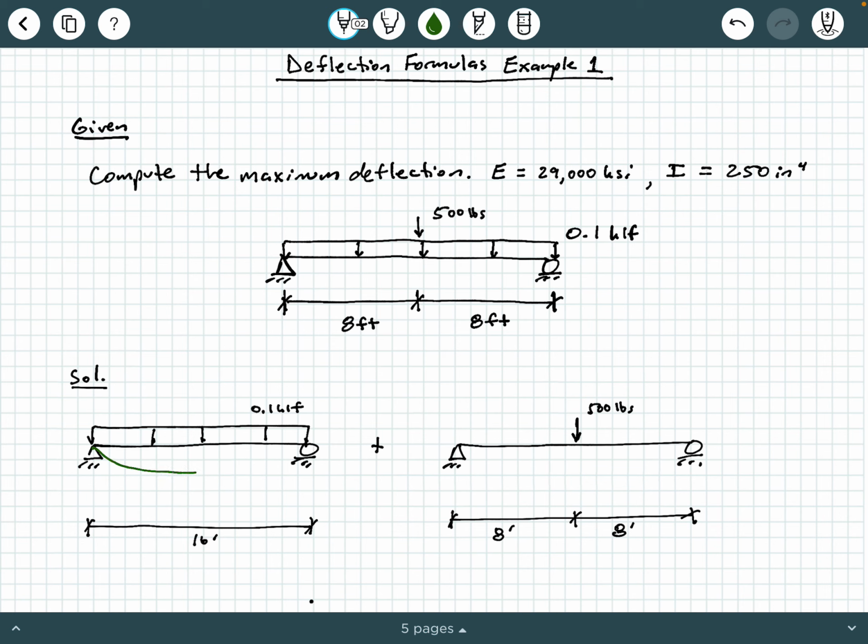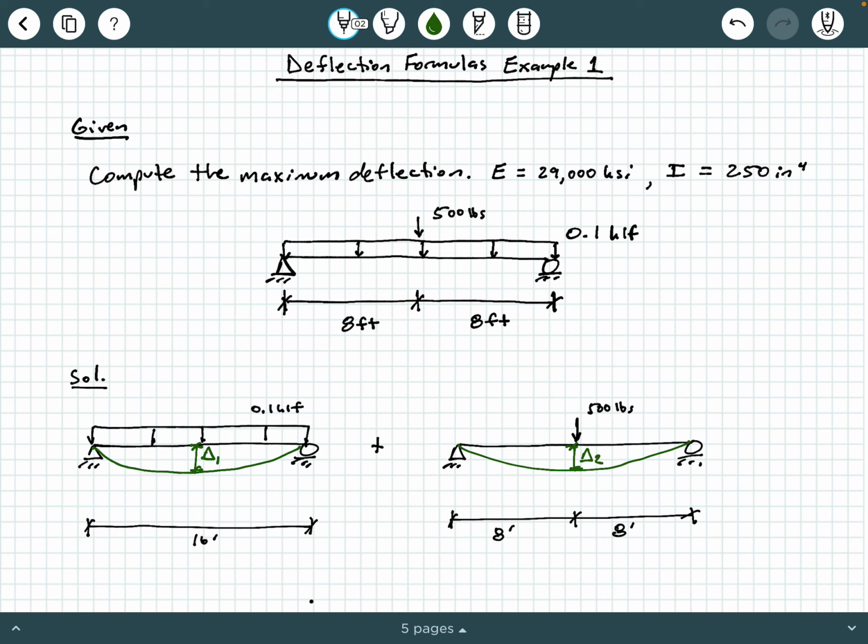So we're going to have this deflection diagram from the uniform load, and the maximum deflection, of course, is right in the middle. We're going to call this delta 1, and then we're going to have a deflection diagram. Let me draw that a little bit better for us. Nice and smooth and symmetrical, unlike my bad handwriting. We'll call that delta 2, okay?